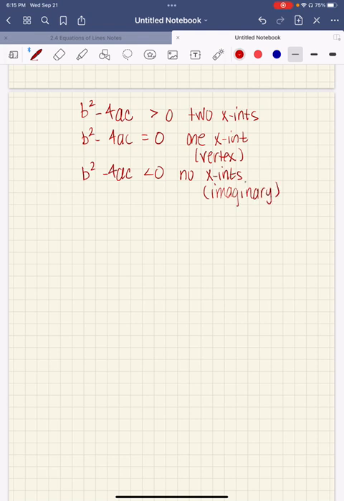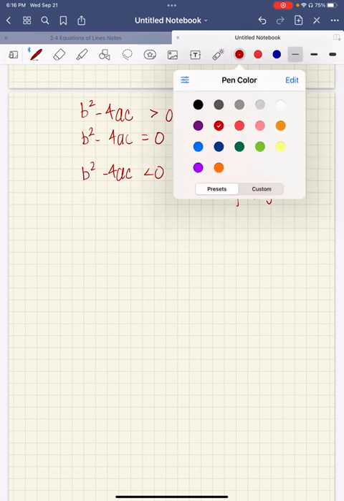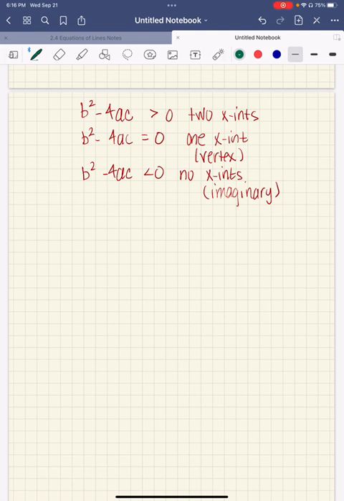Okay. So the last thing we're going to do is, if you know points on the parabola, how can you write its equation? I'm going to give you that the vertex of some parabola is at, how about, negative 3, 2.